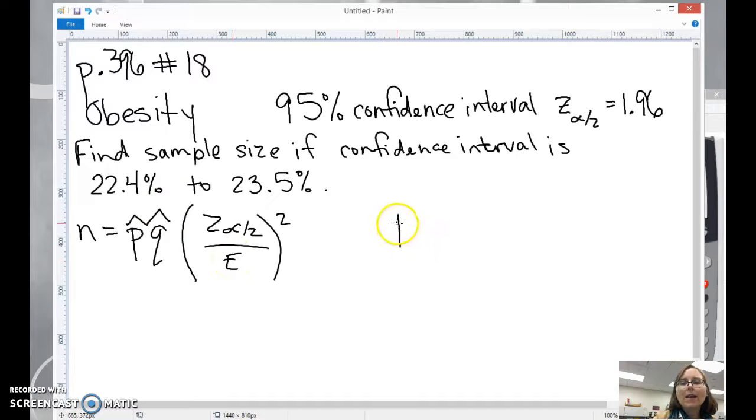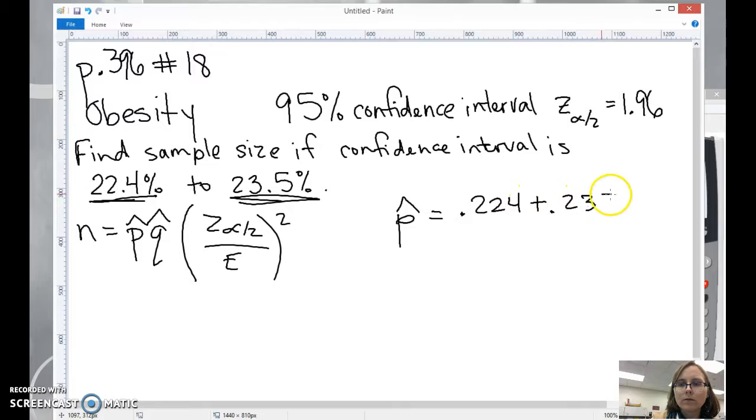Now p hat is the average of these two endpoints. So this is an endpoint for my proportion and this is the other endpoint. To get that average, I'm going to take these two values, add them up, and then divide by 2.